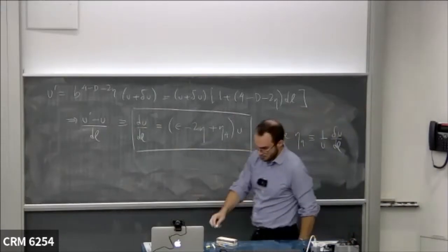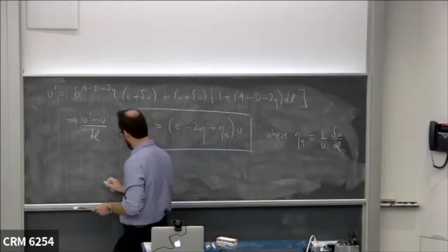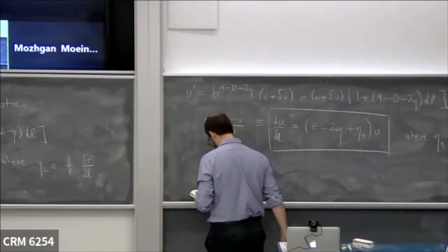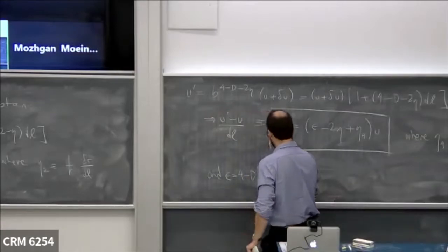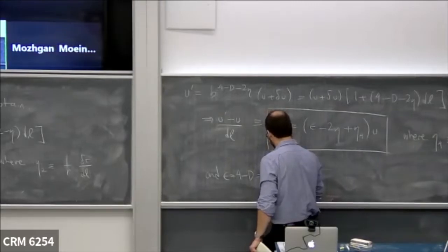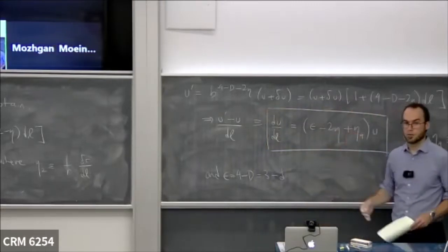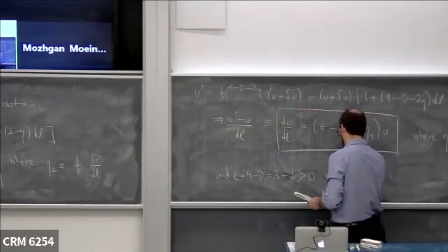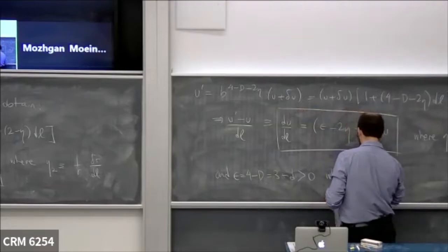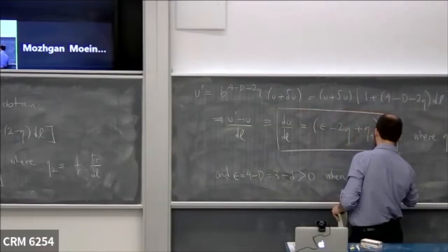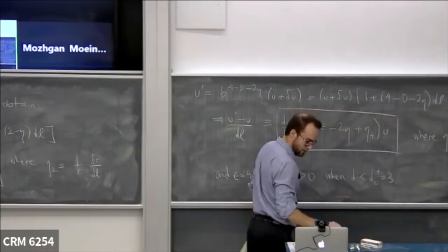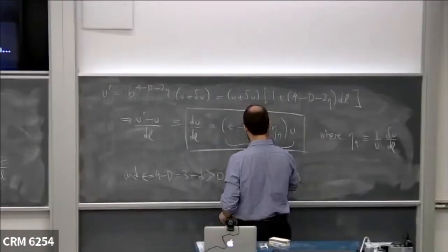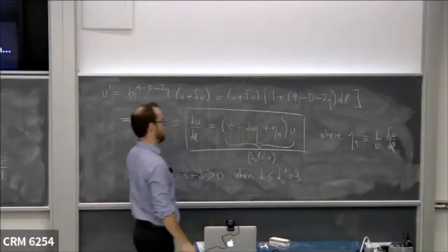And epsilon is just defined to be 4 minus d, which is 3 minus the spatial dimension, the distance from the upper critical dimension. So epsilon is greater than 0 in this regime where we need to look at fluctuations carefully, which is below the upper critical dimension. And again, this right-hand side is what we'll call the beta function for this u coupling, which is a function of r and u as well.